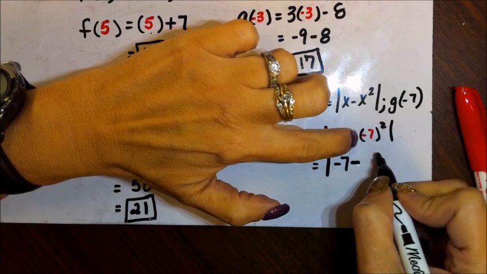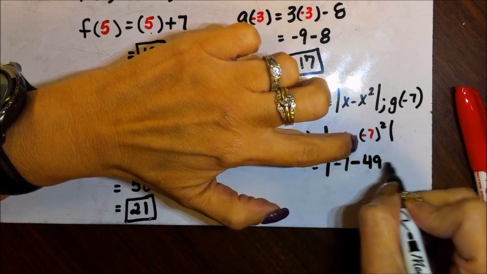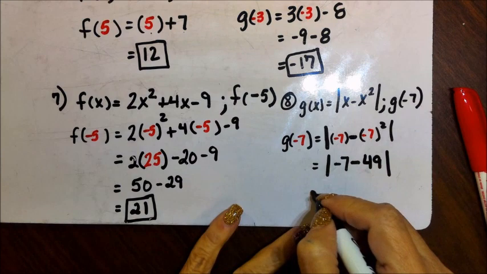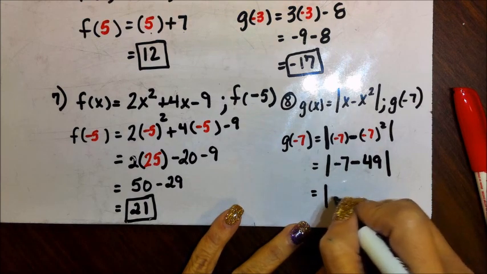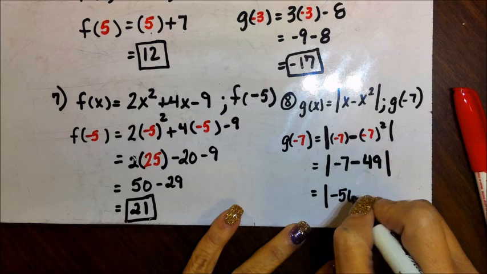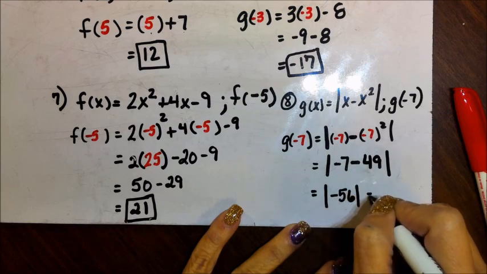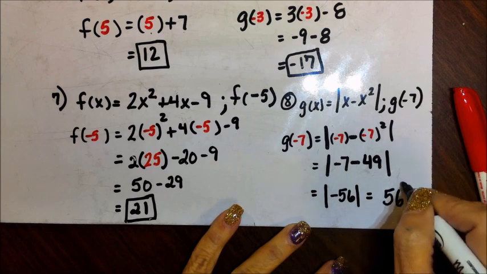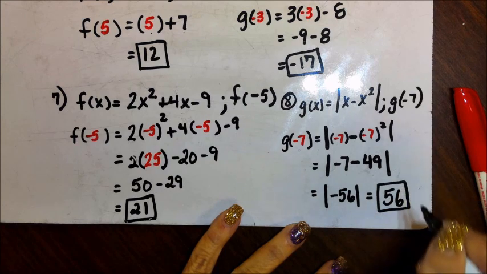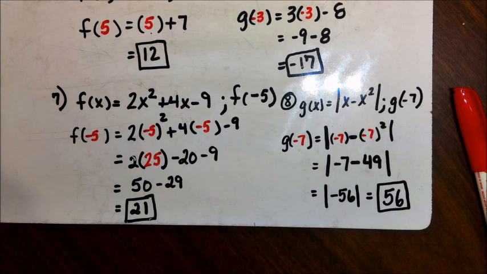Negative 7 times negative 7 is positive 49. Okay? The absolute value of negative 7 and negative 49 is negative 56. The absolute value of negative 56 is a positive 56. And there it is. All right.